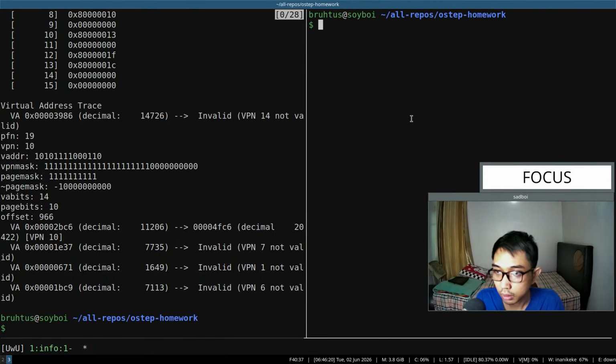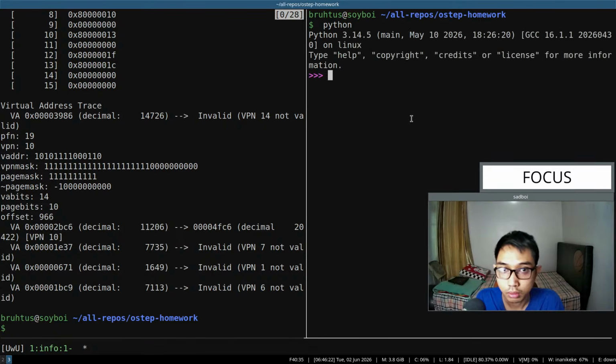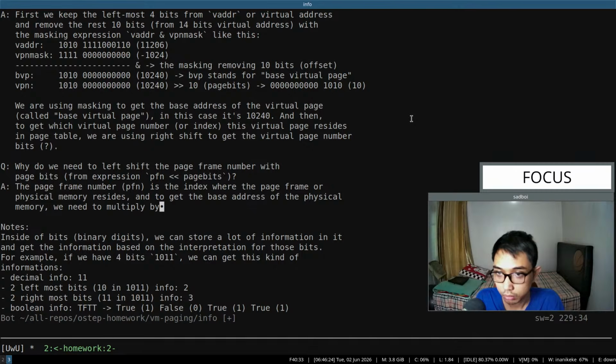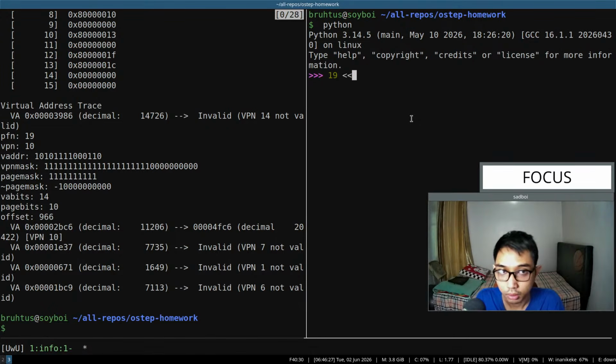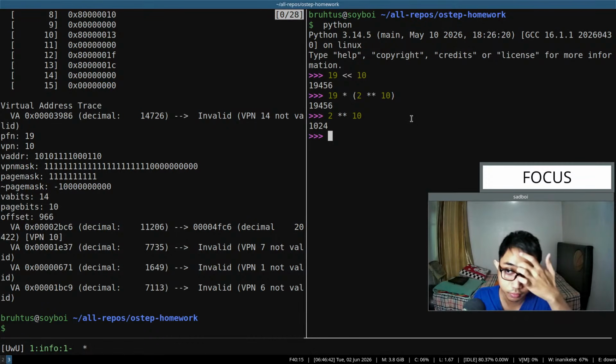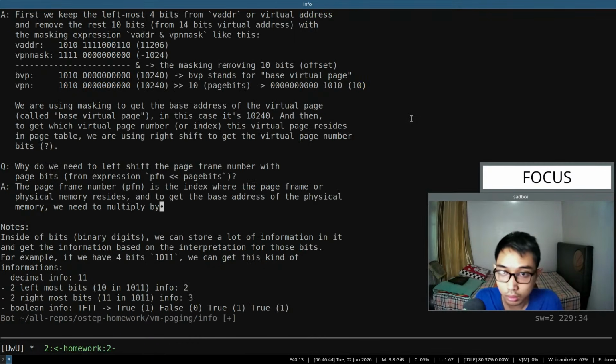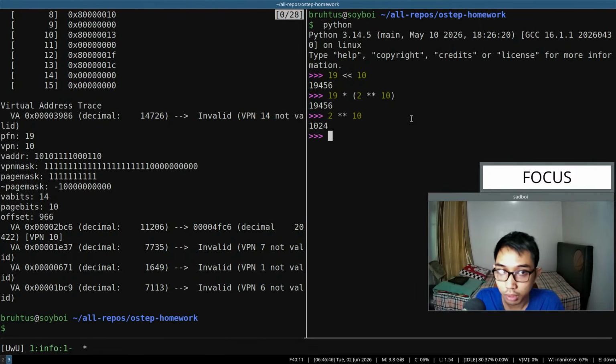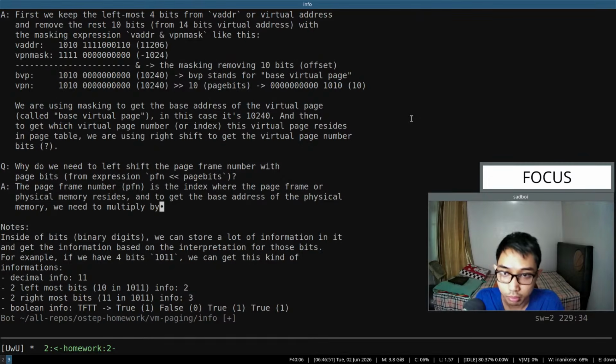Page 10. And we have something like this. We are kind of doing something like this, right? Okay.